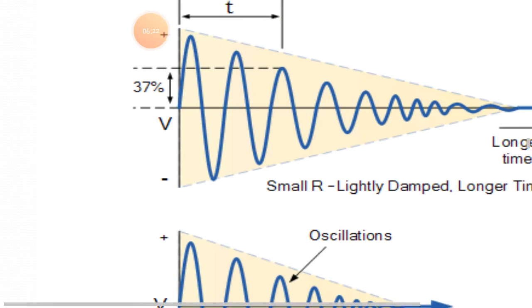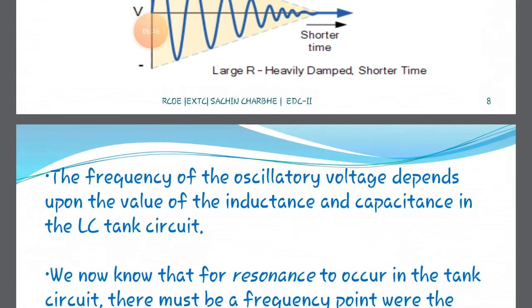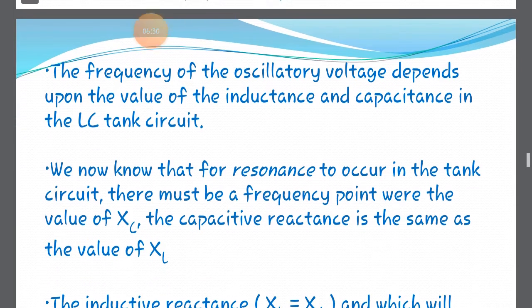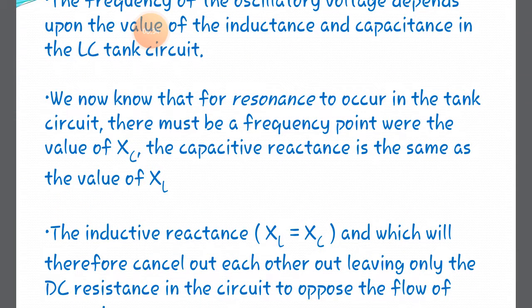So in general we calculated the 37%. The frequency of the oscillatory voltage depends upon the value of the inductance and capacitance in the LC tank circuit. We now know that for resonance to occur in the tank circuit, there must be a frequency point where the value of Xc, the capacitive reactance, is the same as XL, the inductive reactance.